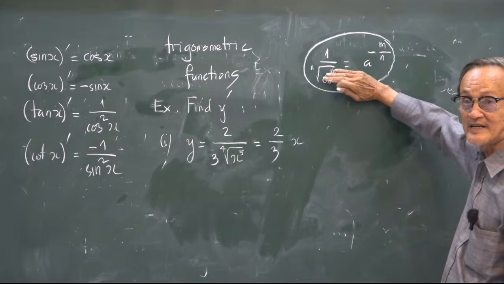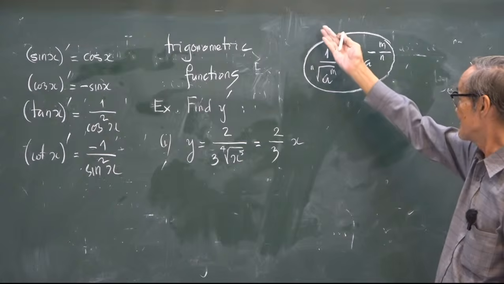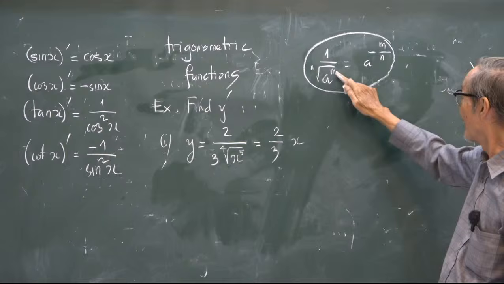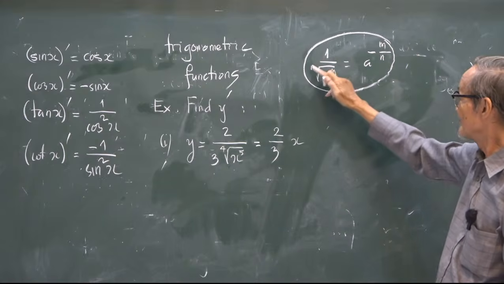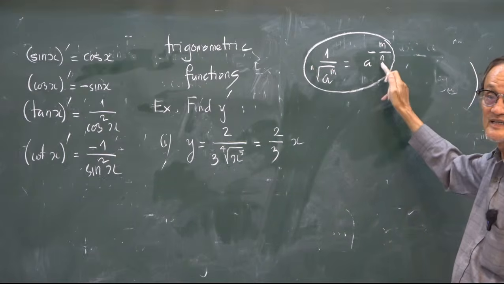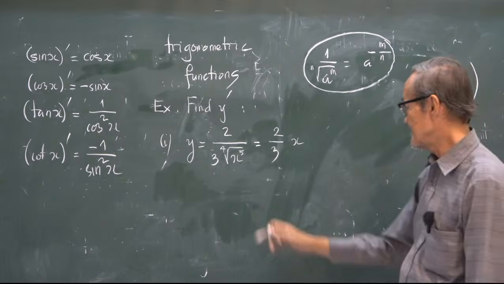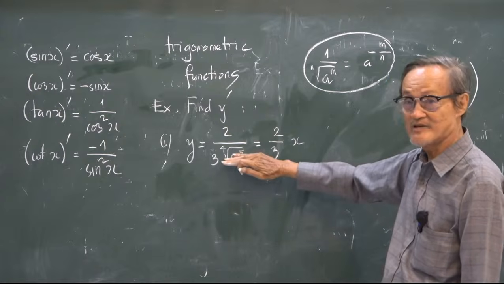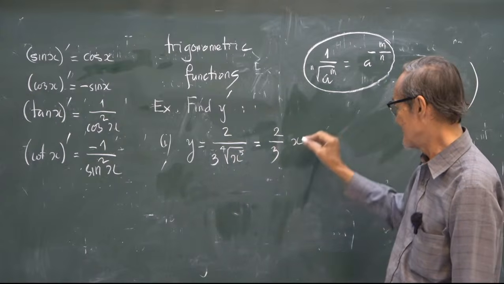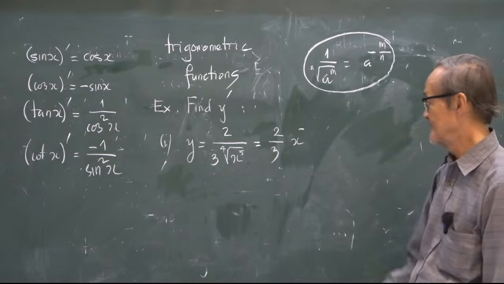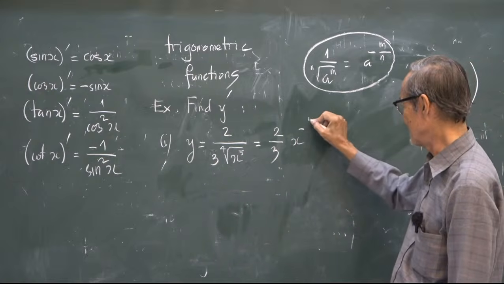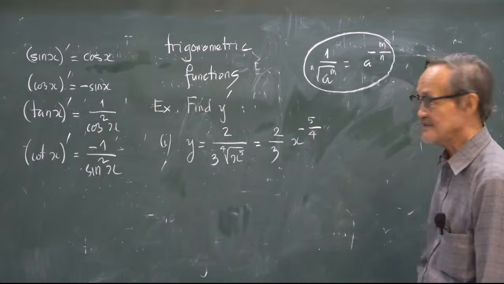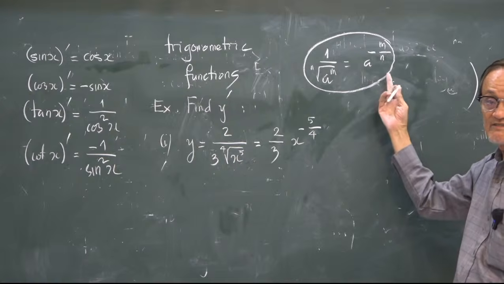From the denominator to the numerator the power becomes negative, with the power here and the radical here. So rewrite 2 over 3 x, denominator to numerator, minus power 5 and radical 4. This formula is very important.